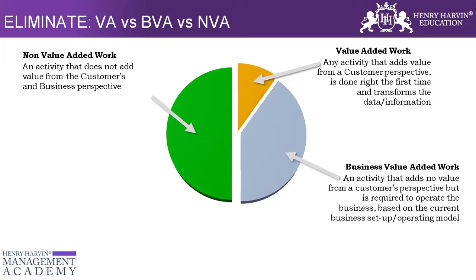In the process map, the objective is always to try to reduce the non-value added activity. If you see in this example, half of the pie is non-value added. The value added is just 25%, or maybe less than 25%. That's a typical example that I've shared.